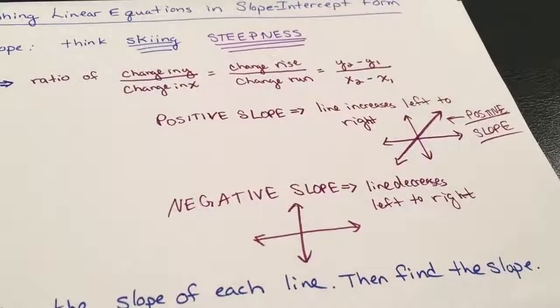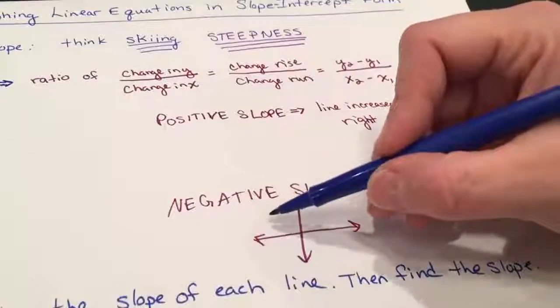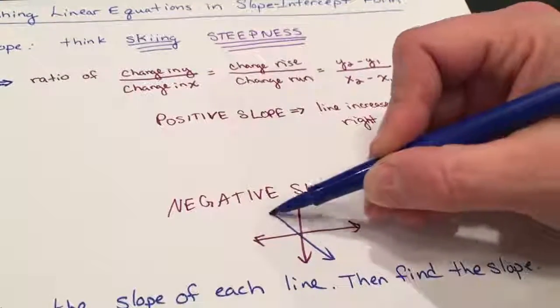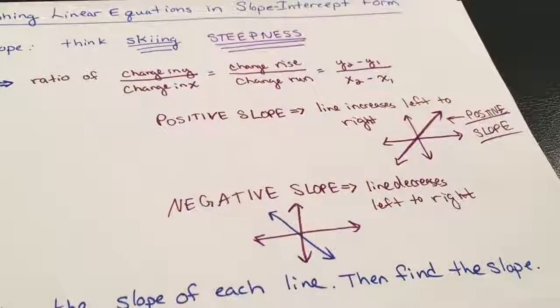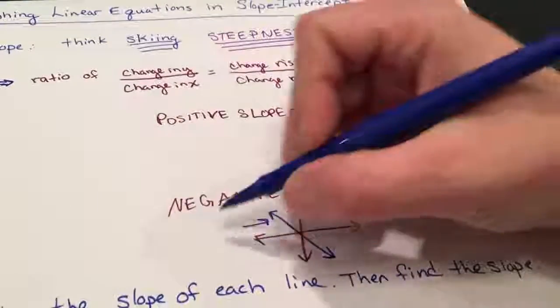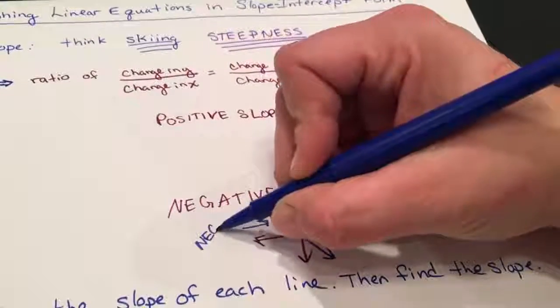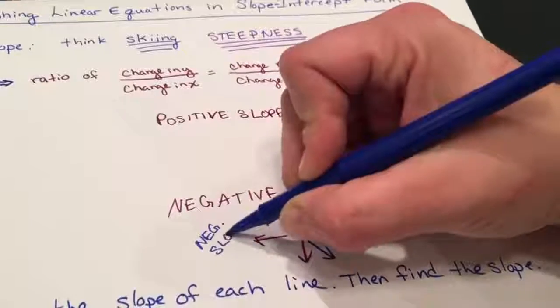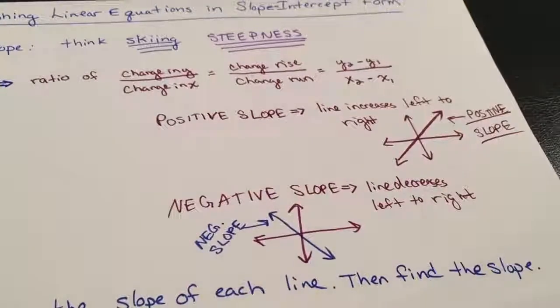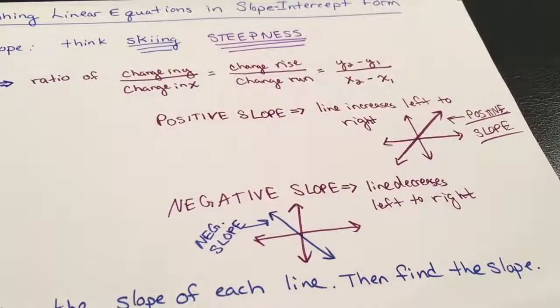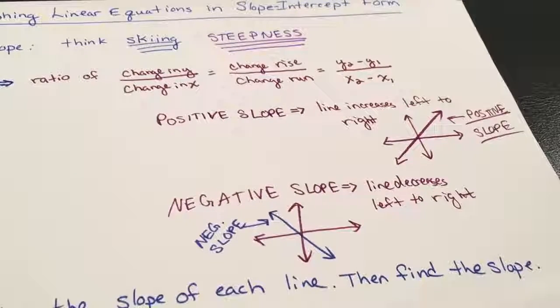And I'll draw it in a different color so you can see. Say like this. That is a negative slope. So you get the idea here, okay? Positive slope and negative slope, and we're going to be continuing to discuss these as time goes on.